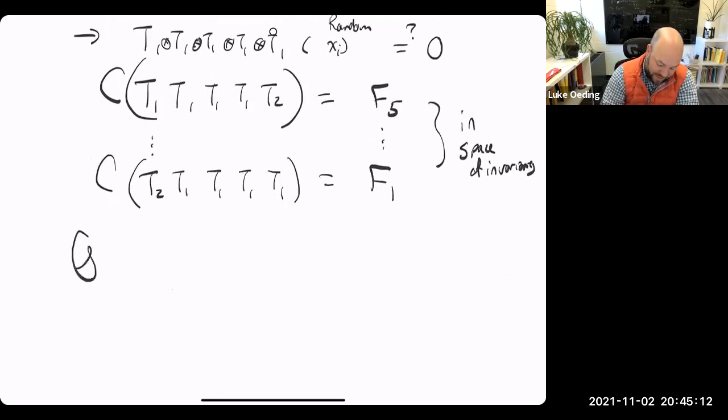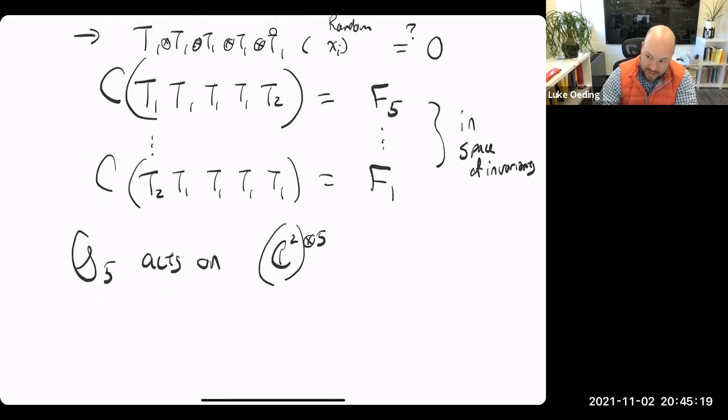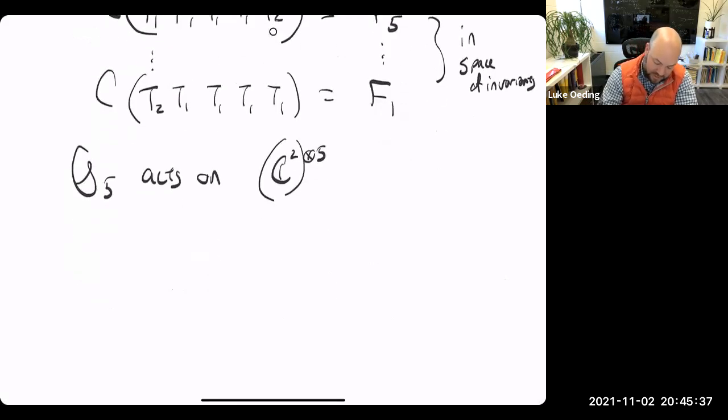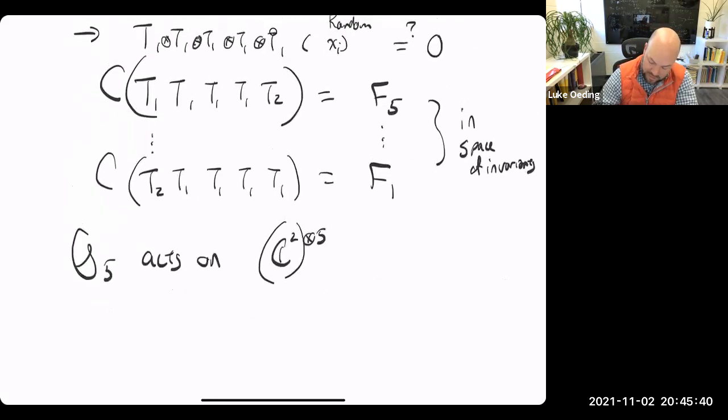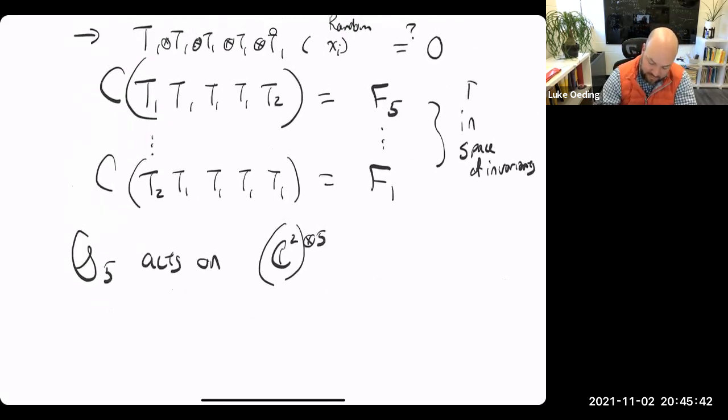And now I have S5 acts on C2 tensor to the 5. And I want to recall something back in what we taught our graduate students in algebra last year. We have a 5-dimensional space on which S5 acts. So what could the possible representations be? So we only have a couple of choices. So either, and in fact, they're a basis of the space of invariance.